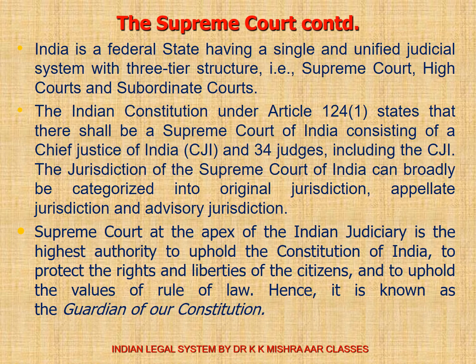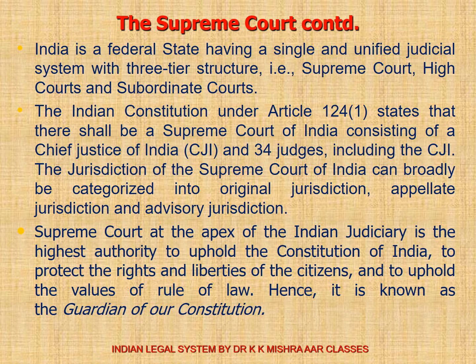India is a federal state having a single and unified judicial system with a three-tier structure, that is, the Supreme Court, High Courts and subordinate courts. The Indian Constitution under Article 124 Clause 1 states that there shall be a Supreme Court of India consisting of the Chief Justice of India and 34 judges, including the CJI.